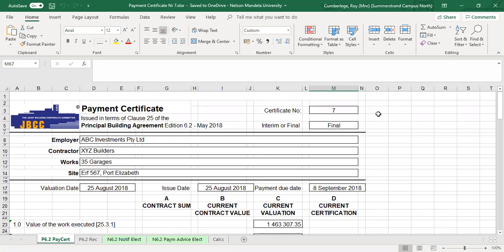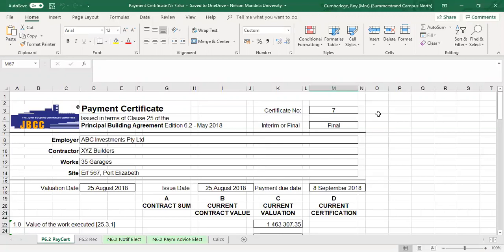certificate. What is important is that we have to take note of JBCC clause 25.15, which stipulates that you will only be in a position to issue a final payment certificate once a certificate of final completion has been issued by the principal agent.